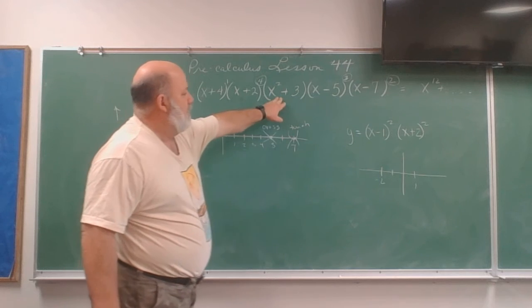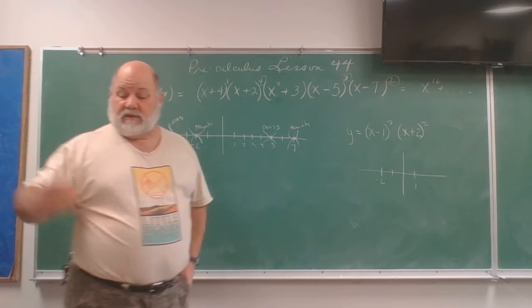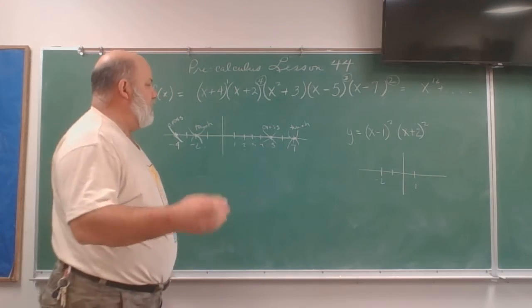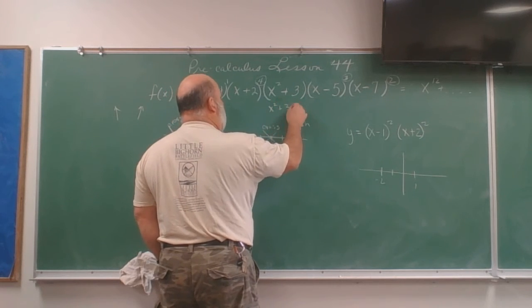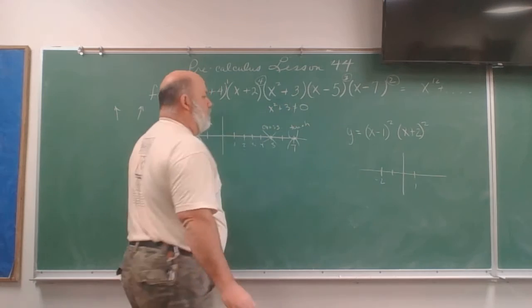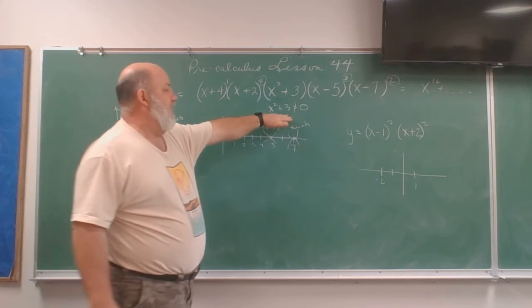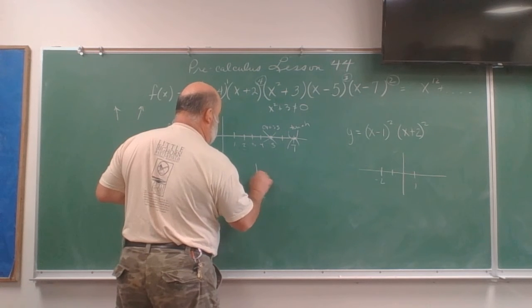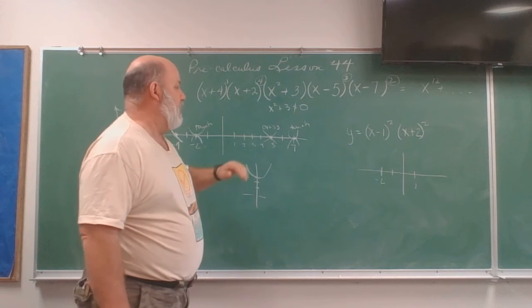Now we need to consider this x squared plus 3. In the discussion in the text above this example, they tell you that this x squared plus 3 can never equal 0, because I can't say x squared equals negative 3. In fact, if I were to graph just x squared plus 3, it'd be a parabola that never touches the x-axis.